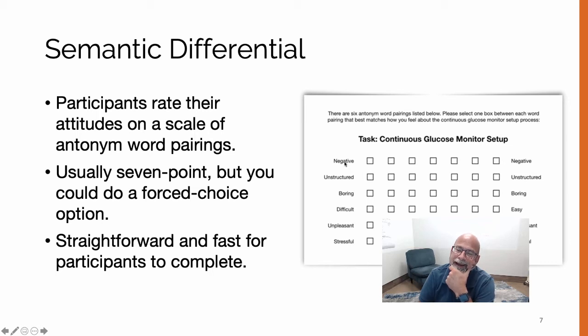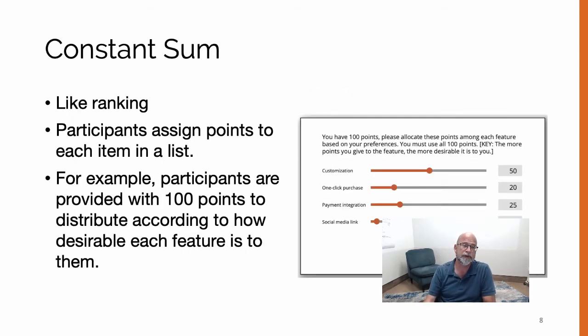This should say negative over here to positive over here, unstructured over here to structured over here, boring to exciting, and so forth. So unfortunately, my graphic is not great, but that's what we mean by a semantic differential. The meanings, that is the semantics, are in 2 sides of a scale. And people are choosing what they think. It's also very fast, straightforward for people to use too.